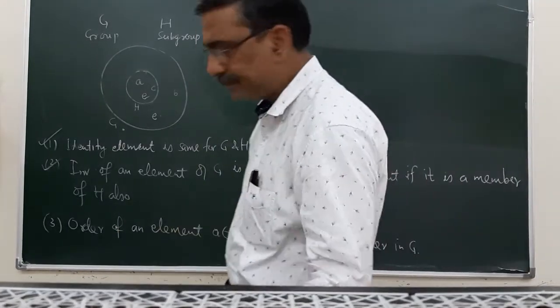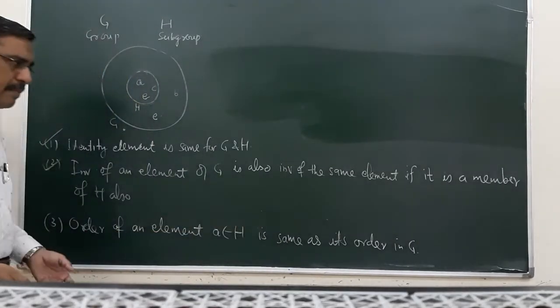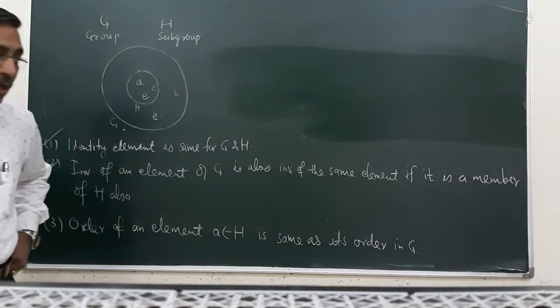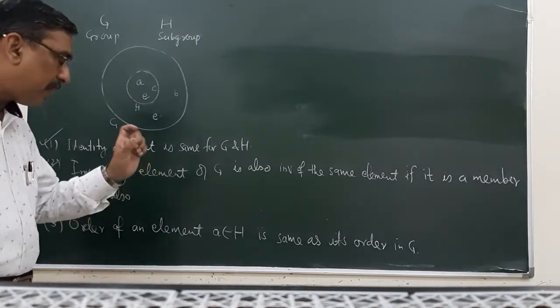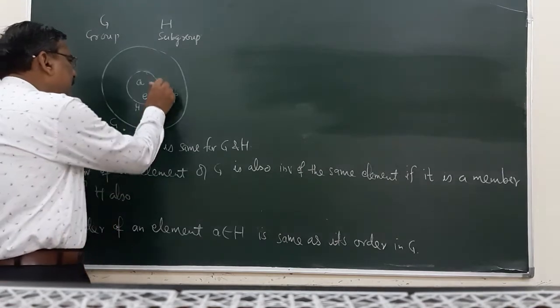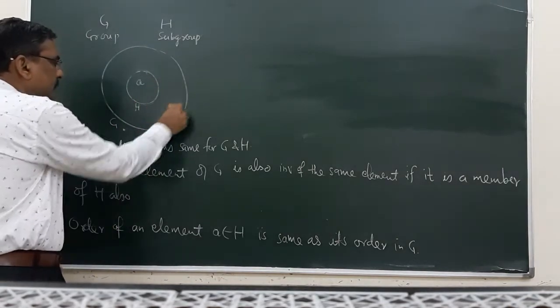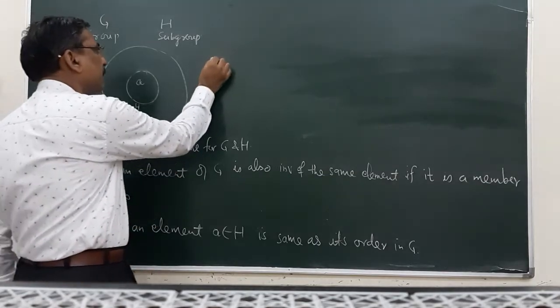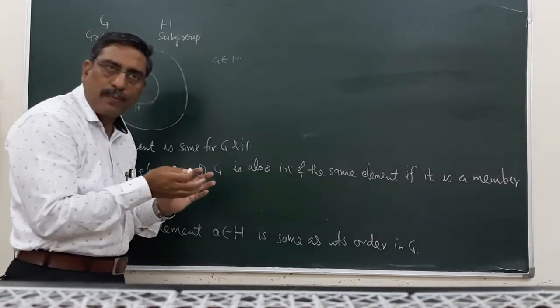Now the third one, the order of an element A belongs to H is the same as its order in G. Let us say A belongs to H. H is a subgroup.